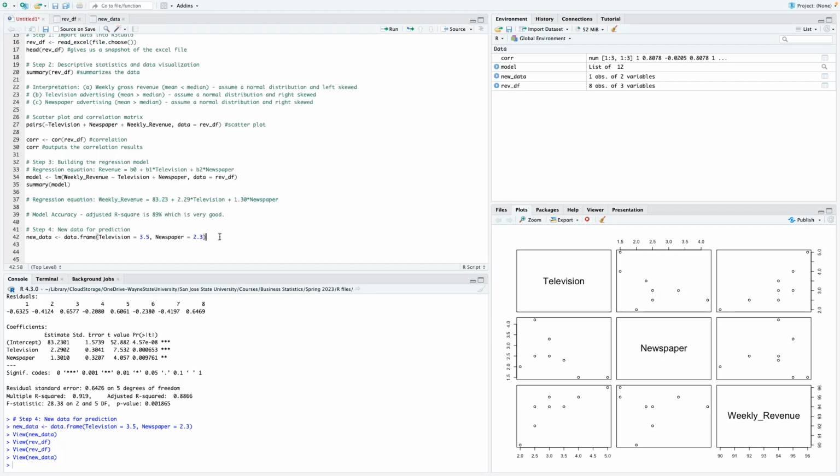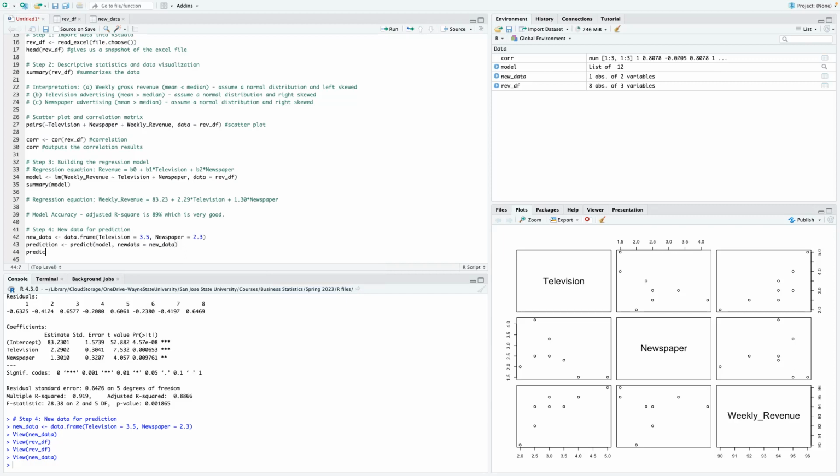So let's continue. So we say prediction, and then now you use the function called predict, right? And we call our model, new data equal to data.